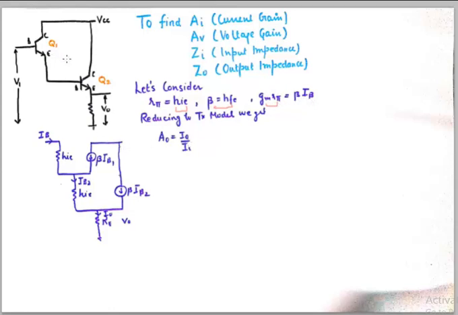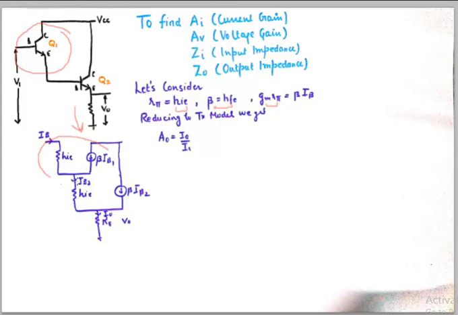So this Darlington pair arrangement can be transformed into its equivalent circuit like this, where this portion is transistor 1, and we know that every transistor has hie and a current source beta into IB1.